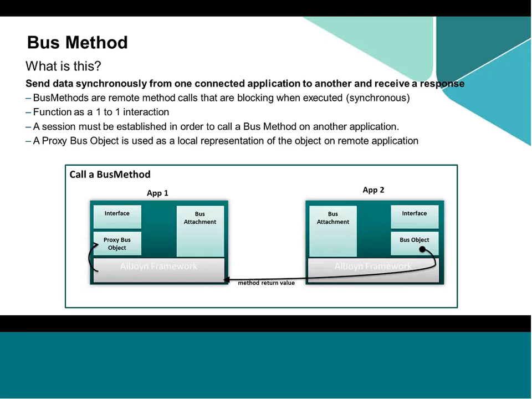So for instance, if the proxy bus object called over to the other side to get some bit of data, and that application 2 over there said, hey, wait, I need to call another device to get more information, right? You're not going to be able to chain those events down the line, because you'll eventually time out for one, and you'll also be chewing up threads, and you'll have thread errors, where you're trying to make another thread with AllJoyn within an AllJoyn thread.